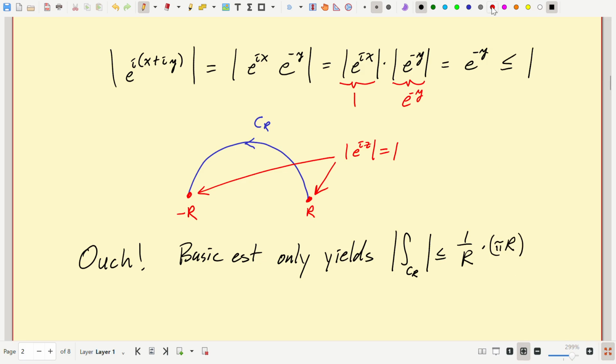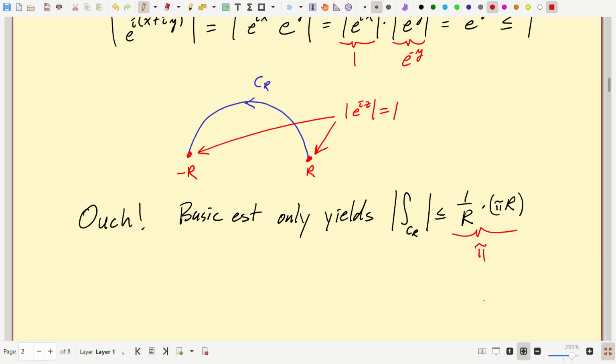And that's just pi. So it doesn't show that it goes to 0. And so that's not going to give us what we need.